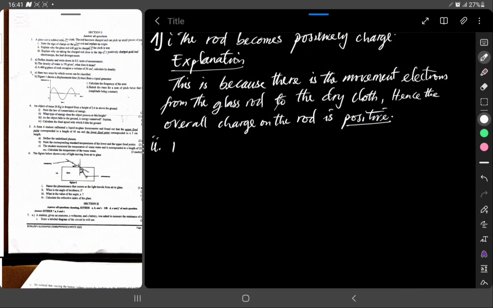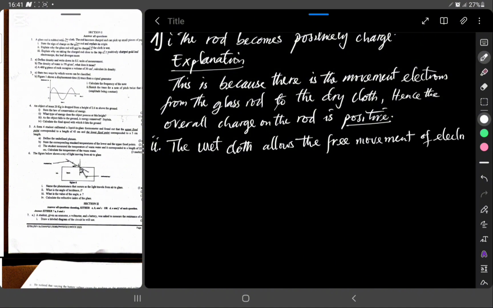Putting this down, I'm going to write: the wet cloth allows the free movement of electrons between the cloth and the glass rod.